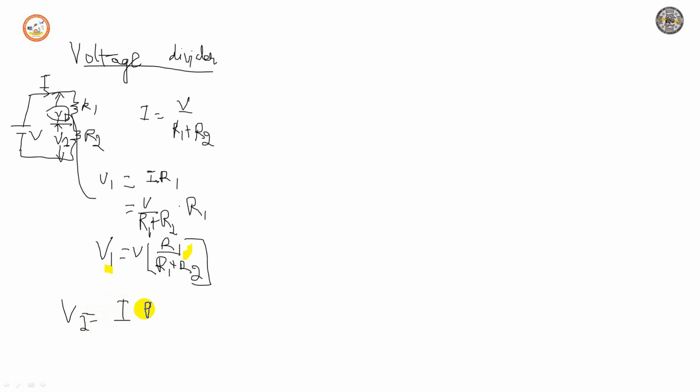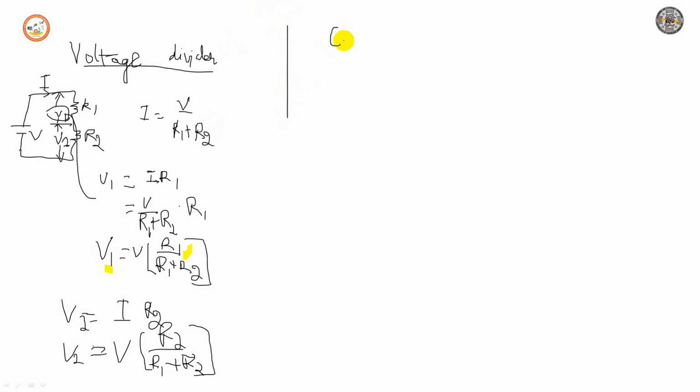Substitute again for I, take V outside, so we get V2 is equal to V into R2 divided by R1 plus R2. Notice the suffix is 2 for V2 and the numerator resistance has the suffix R2. So this is how you can memorize the equation: whichever suffix the voltage has, the numerator resistance should have the same suffix. So this is about the voltage divider.